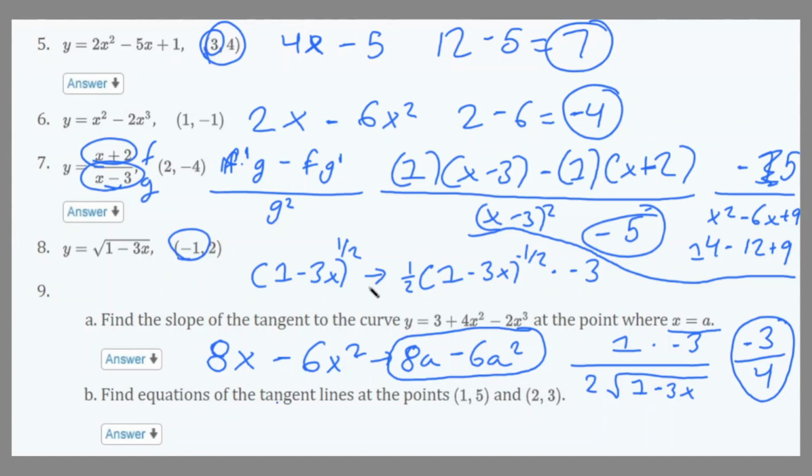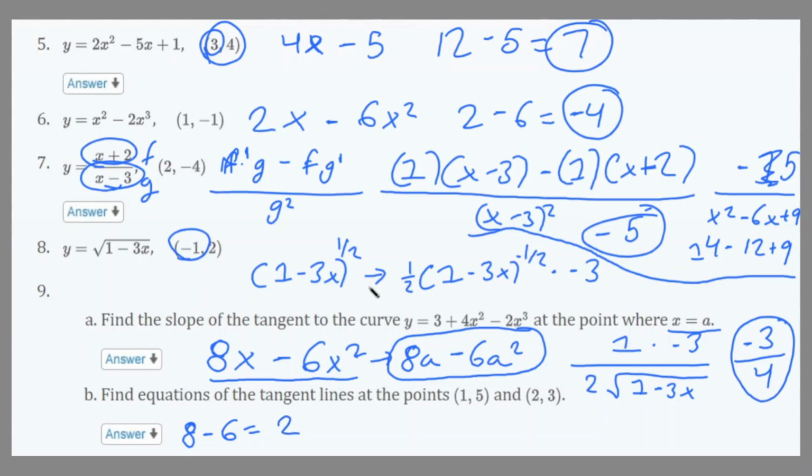Now find the equations of the tangent lines at the points 1, 5, and 2, 3. So since this is the tangent equation, we could just plug in the x values and then figure out the y values. So if we plug in 1 into this equation, we would get 8 minus 6.